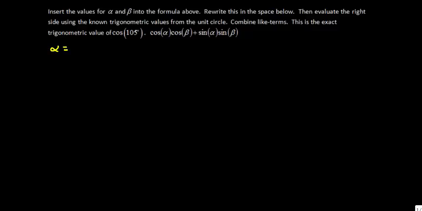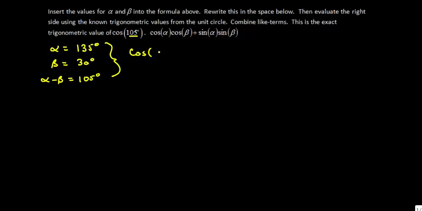We've already assigned alpha the value of 135 degrees and beta the value of 30 degrees. The reason for this is because alpha minus beta is then equal to 105 degrees, the value that we're trying to evaluate cosine at. So our formula is the following.